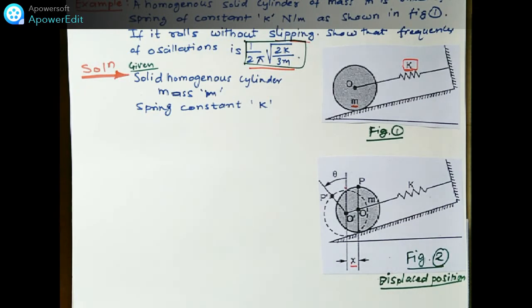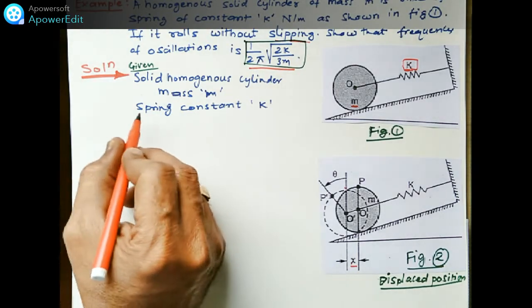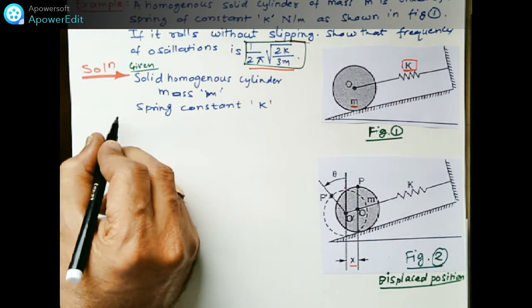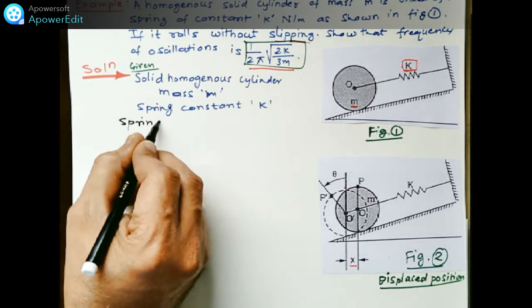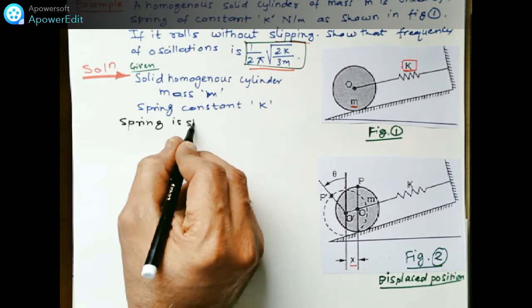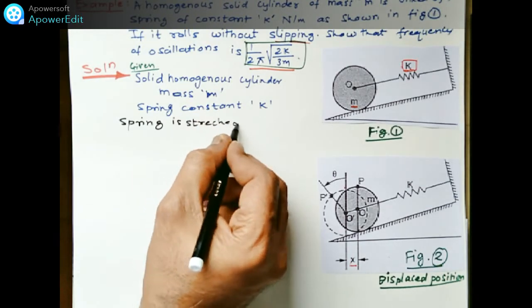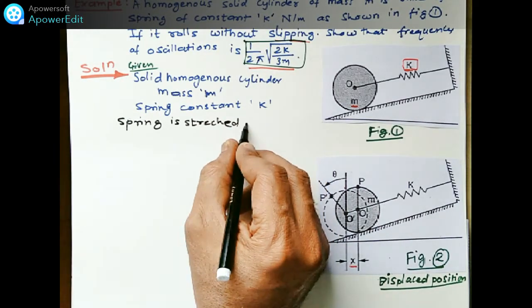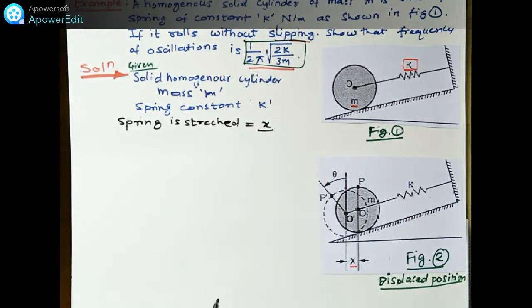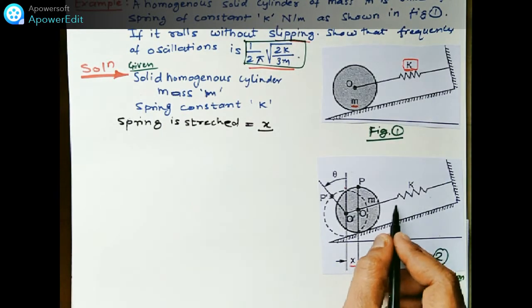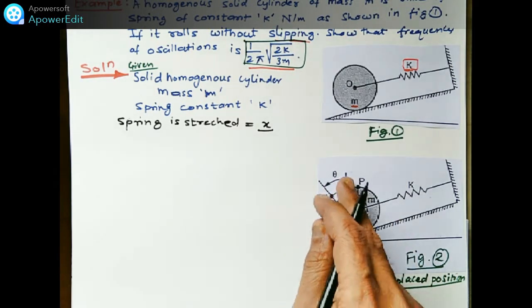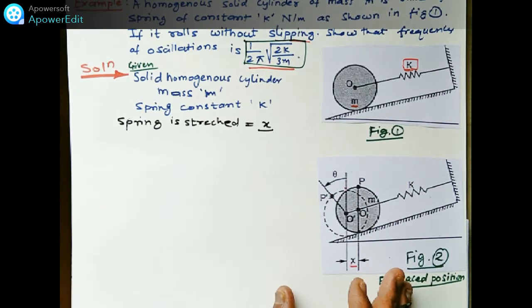So in this case the spring is stretched by distance x. The spring is moved by x and the cylinder rotated by theta. This is given to you.